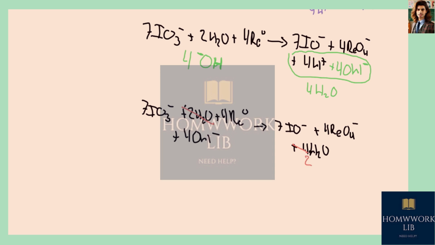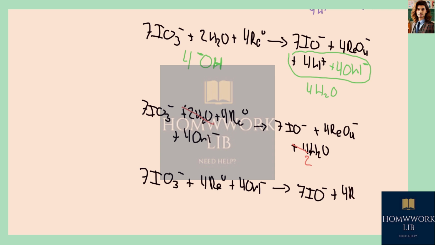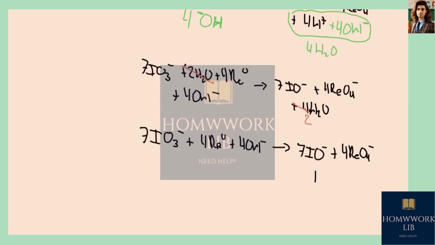And my final balanced equation is going to be 7 IO3 minus plus 4 Re plus 4 OH minus. That is going to produce 7 IO minus plus 4 of ReO4 minus plus 2 water molecules. As you can see, this equation is already balanced in charge and in mass, and we are done with the problem.